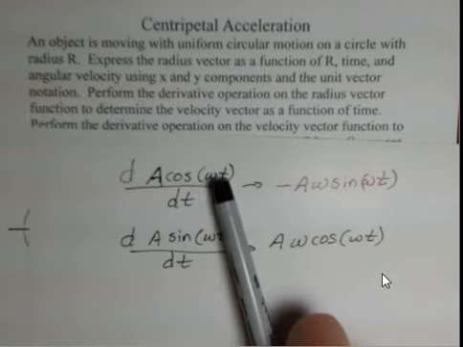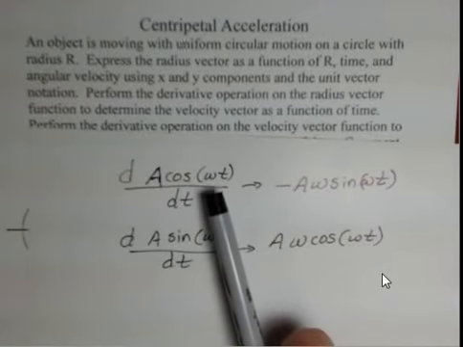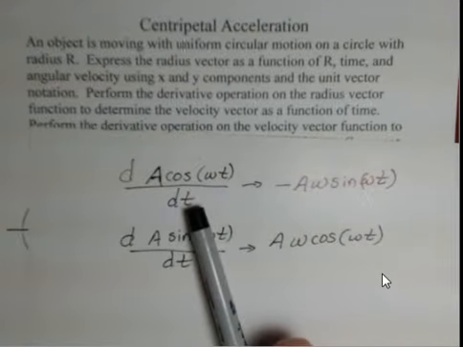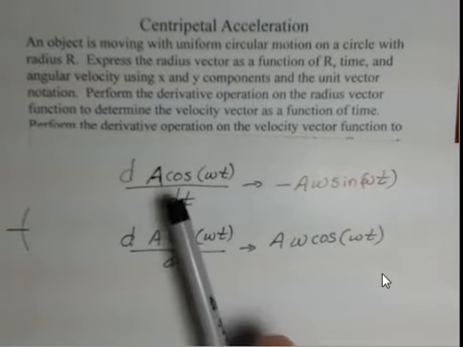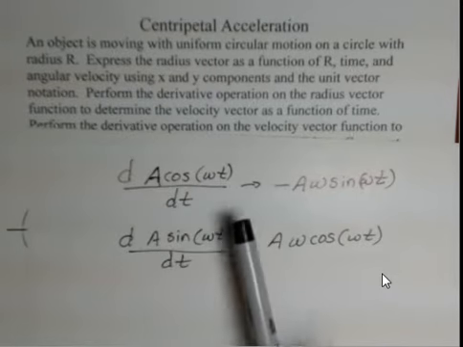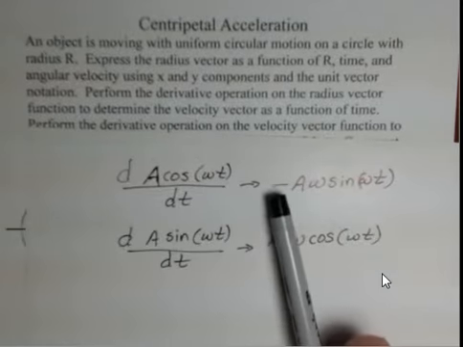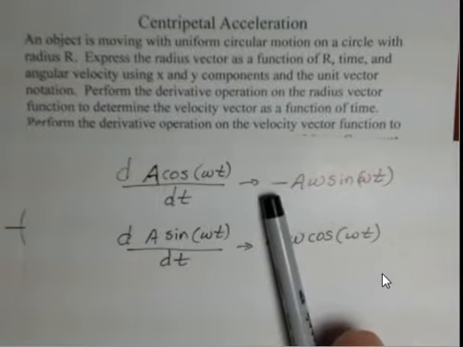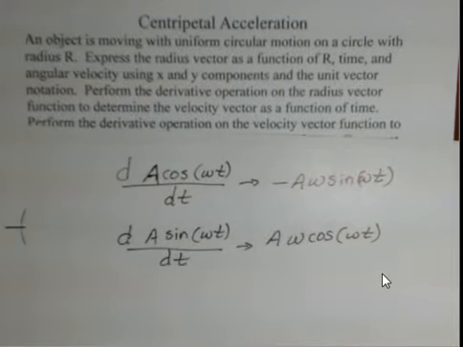We have to take the derivative of the argument of the function. So the derivative of omega t with respect to t just leaves us with a factor of omega. And then the derivative of cosine produces a minus sine function. So this minus sign is produced by taking the derivative of the cosine function.